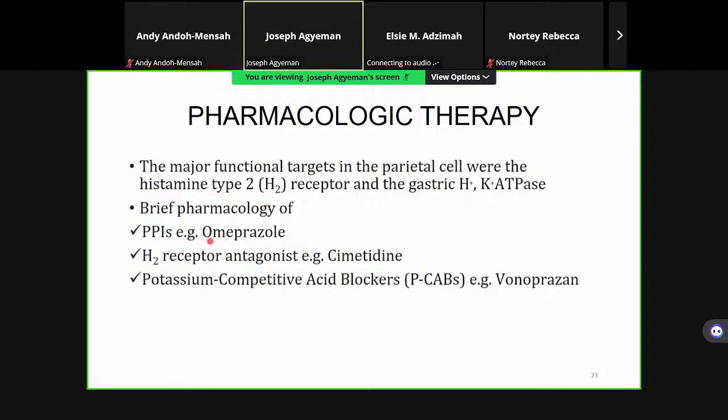Lucky for us, where they are, you have a lot of acid that is needed to activate these prodrugs. So the prodrugs are protonated and are converted to cationic sulfonamides or the cationic tetracyclic sulfonamide form. Then they can attack the enzyme, and through covalent bonding, they form disulfide linkages with the cysteine residues of the enzyme and block the enzyme altogether.